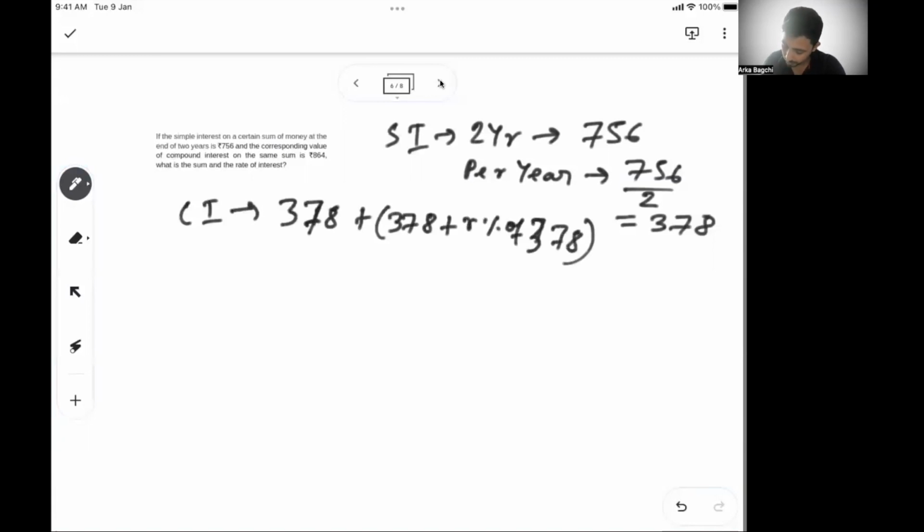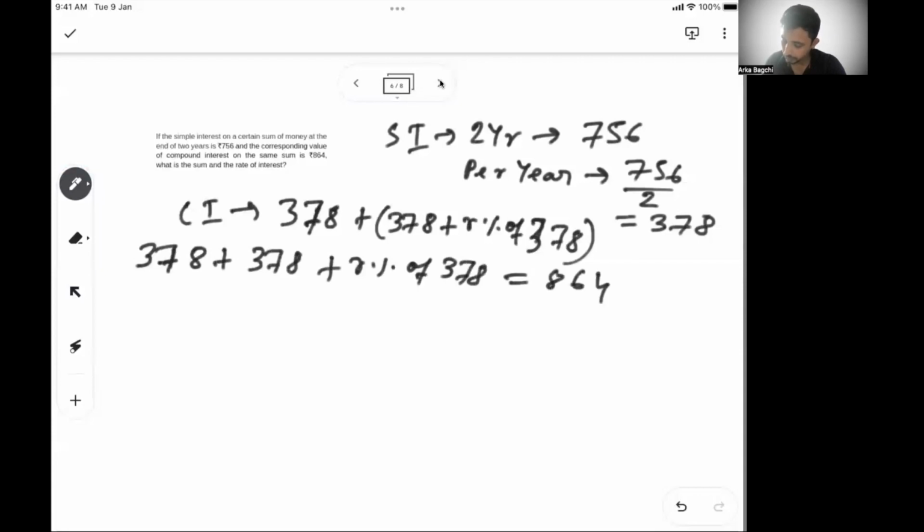So can I say 378, which is coming out of the core principal, plus 378 plus R percent of 378 is nothing but 864. This is nothing but your 756, the first two values. So R percent of 378 is nothing but 864 minus 756, or 108.